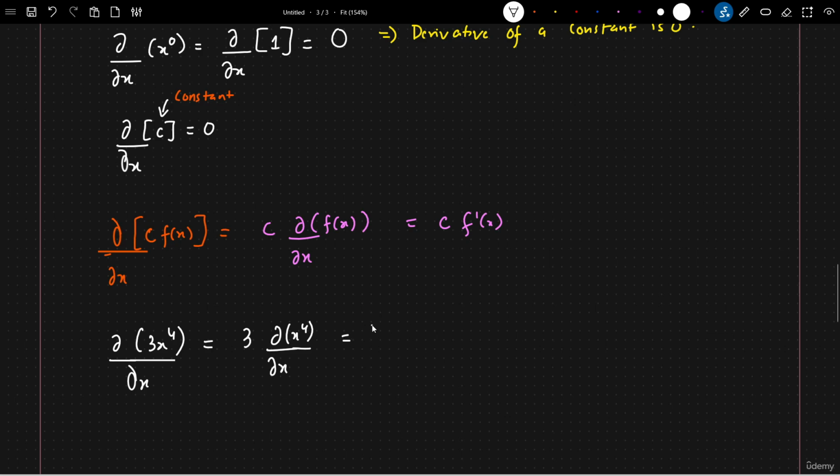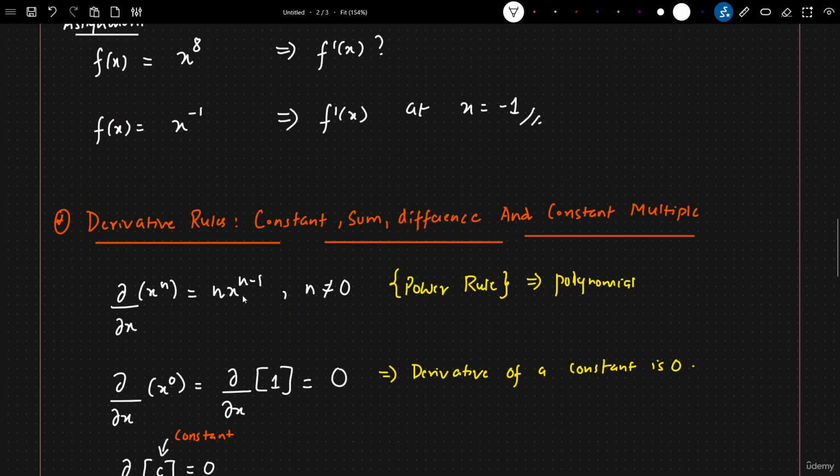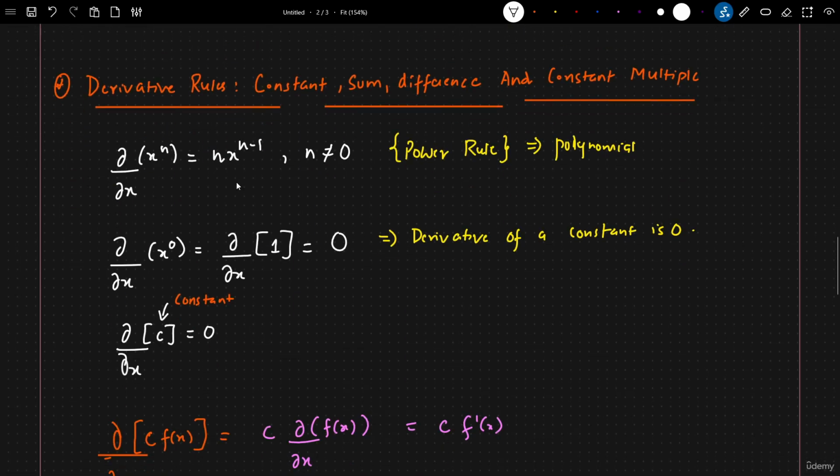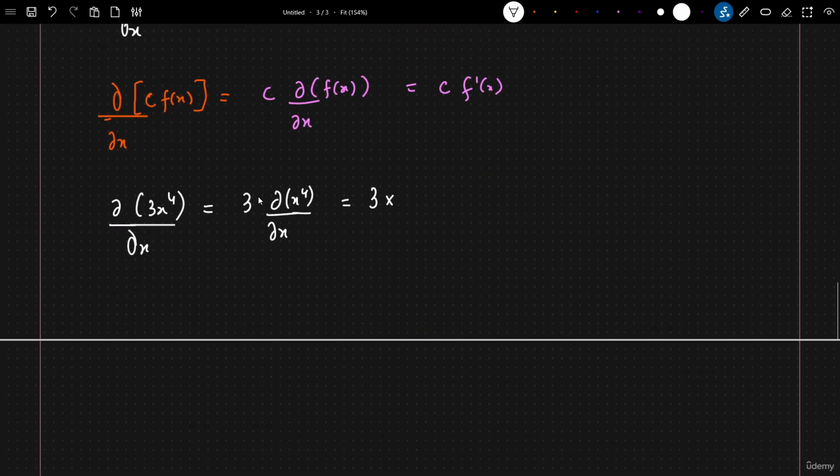This is similar to x to the power of n, so I write n in front, multiplied by x to the power of n minus 1. Here also we write 4 multiplied by x to the power of 4 minus 1, which is 4 multiplied by x cubed, so altogether 12x cubed.